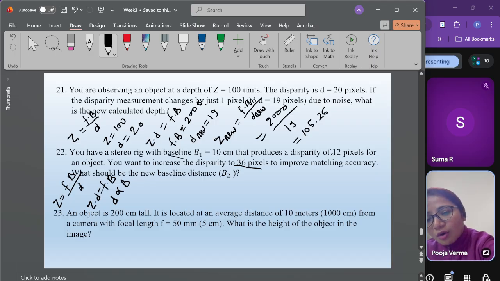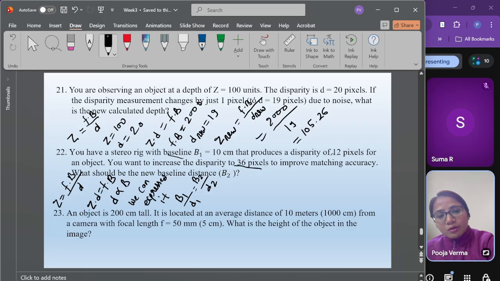Now we can express it by this equation: B1 divided by D1, because it is directly proportional, equals B2 divided by D2. Here B1 is given, that is 10 centimeter, D1 is given as 12 pixels, D2 is given as 36 pixels.